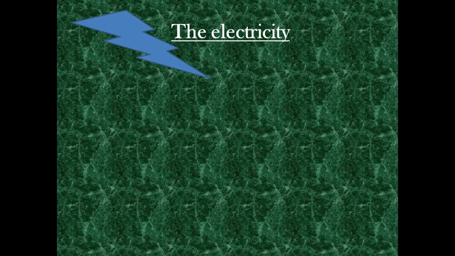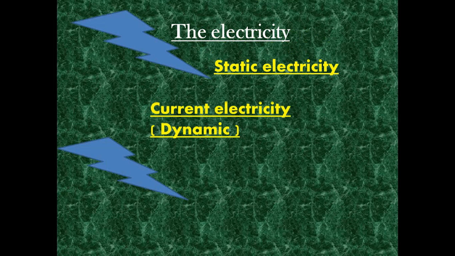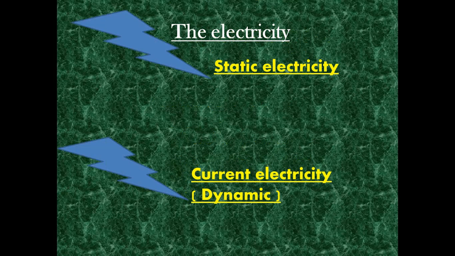The first is called static electricity. The second is called current electricity or dynamic electricity.